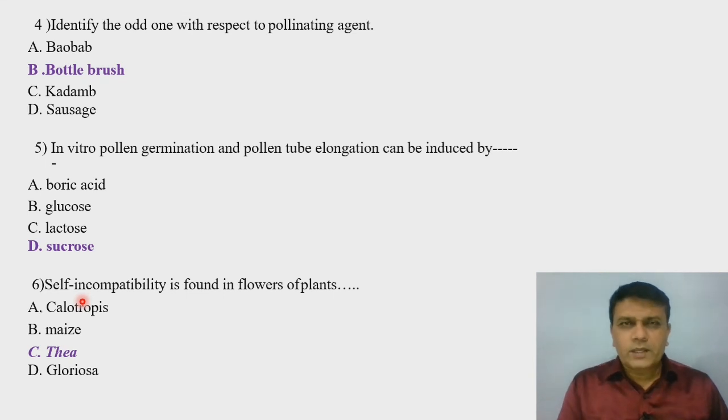This phenomenon is called self-incompatibility. So self-incompatibility helps to prevent the germination of pollen grain within the same flower, and this phenomenon is found in the flower of thea. So the different options given, that is calotropis, maize, thea and gloriosa, the correct option is thea flower.